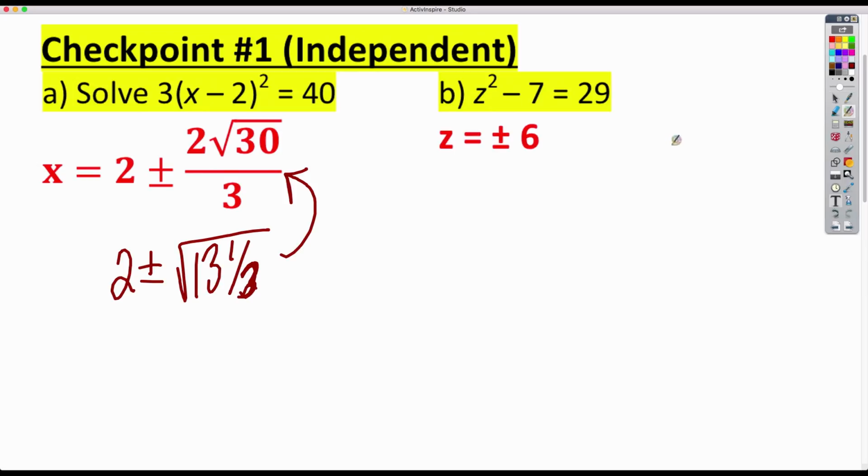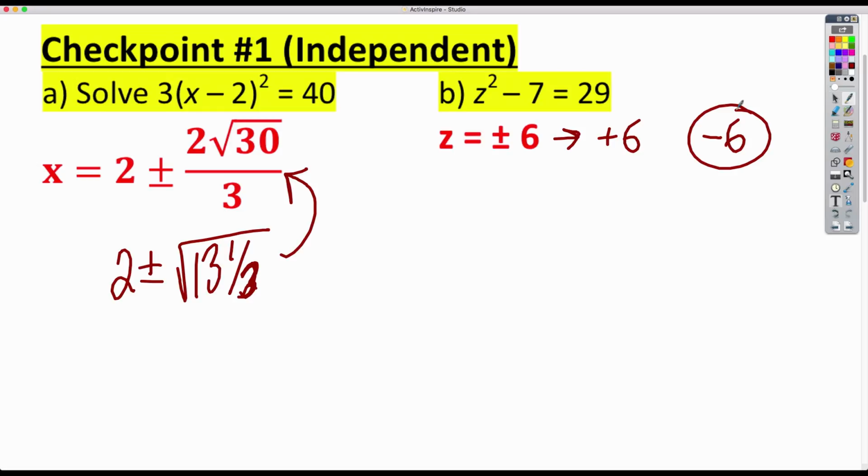Unfortunately, if you just put 6, it is incorrect. And plus or minus is not some magical new symbol. It just means positive 6 and negative 6. It's just a short way of writing both. But if you don't write both, if you just wrote plus 6, then you're indicating the wrong thing.